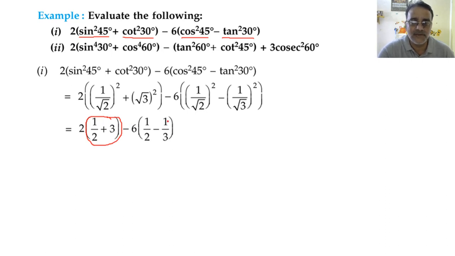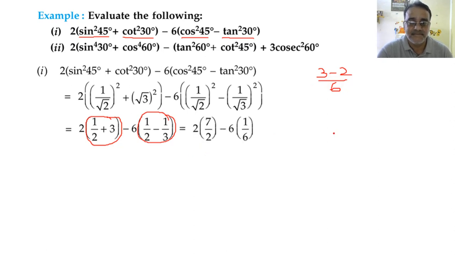And here, if you take LCM, you will get 3 minus 2 by 6, that is 1 by 6. So this 6 and this 2 will be cancelled, and what we will get? 7 minus 1, that is 6. Any doubt in first bit?